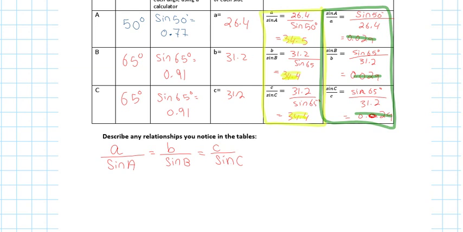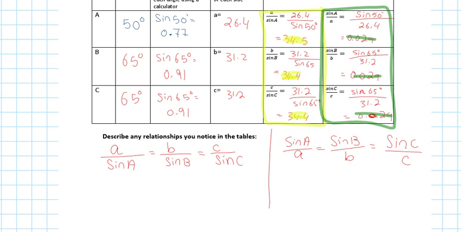Now, with respect to the other one, it's the same thing. The other formula was sine A over A is equal to sine B over B and is equal to sine C over C. And I can see that from my ratios that I just got.